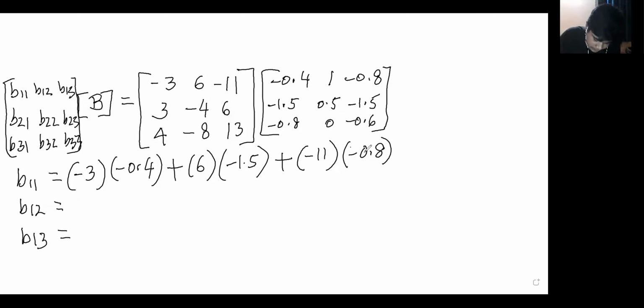Minus 9 plus minus 11 into minus 0.8 is 8.8. So 1.2 plus minus 9 plus 8.8 is equal to 1.